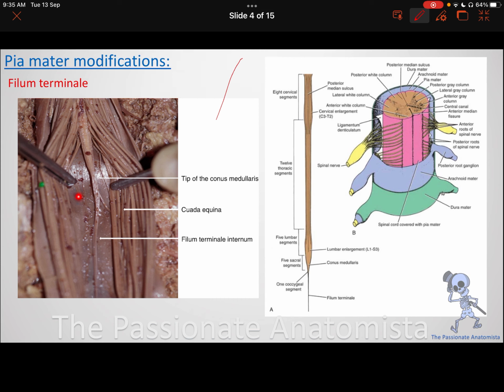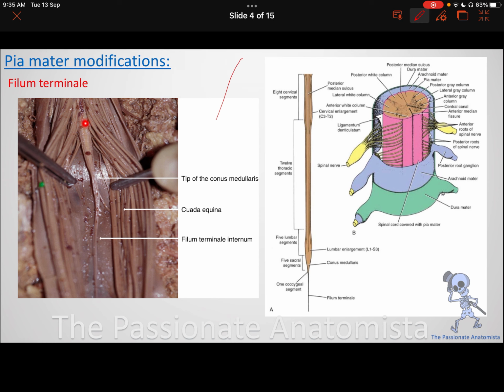All right, so the spinal cord has the conus medullaris end, and it has the filum terminalis, which is basically a modification of the pia mater. The meningeal layer that is intimately attached to the spinal cord, you cannot differentiate it from the spinal cord. If I put a pin on the spinal cord and ask what meningeal layer is there, it's the pia mater, without even trying to see it.